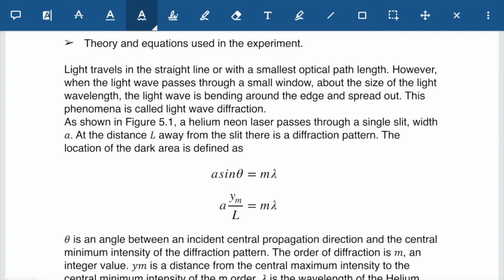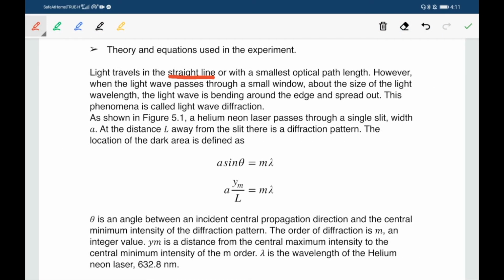Theory and equation used in this experiment. So first of all, about the theory, the definition of light wave diffraction. Light travels in a straight line, or with the smallest optical path length.